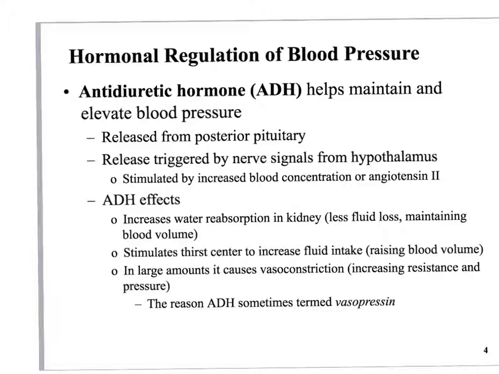So what we talked about in terms of the angiotensin 2, this is also augmented. All of those three things we just talked about, augmented by ADH. So now those two things together, additive, both angiotensin 2 and ADH together are increasing blood volume. Okay?